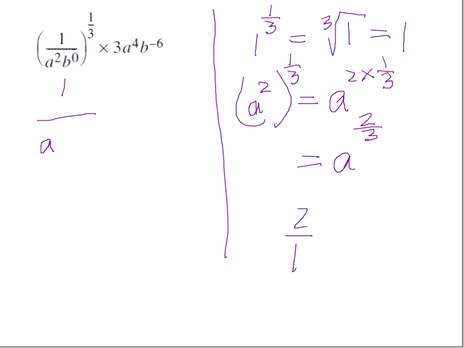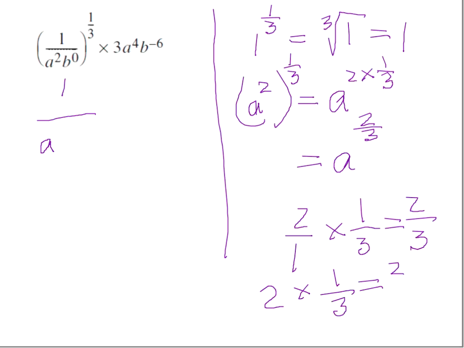Or you could think like this: 2/1 times 1/3 would be equal to 2/3. I actually like when students see that when you multiply a number by a fraction, all you have to do is multiply the numerator of that fraction by the number. So it's just 2/3. So you have 2/3 as an index of a.